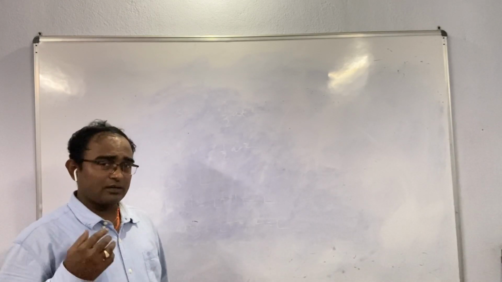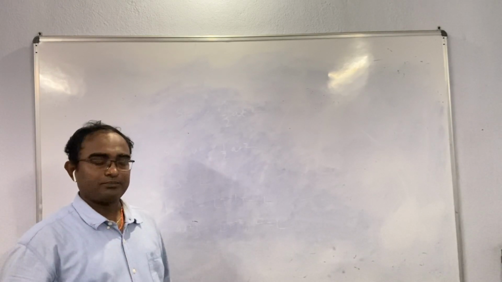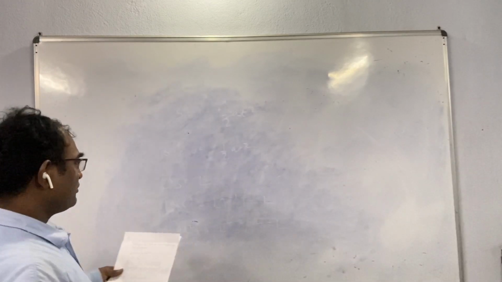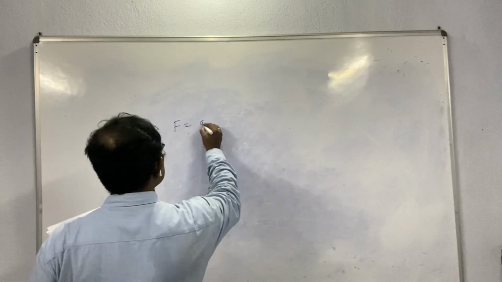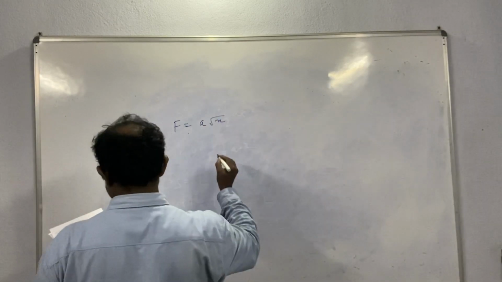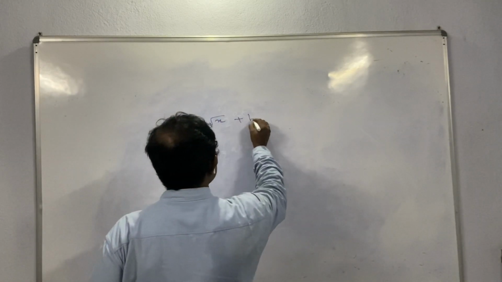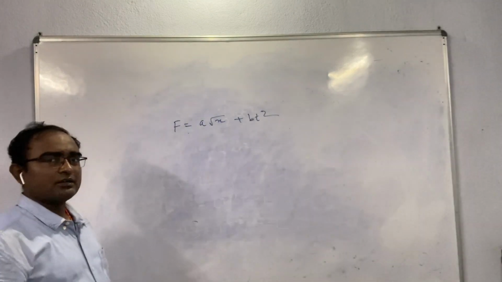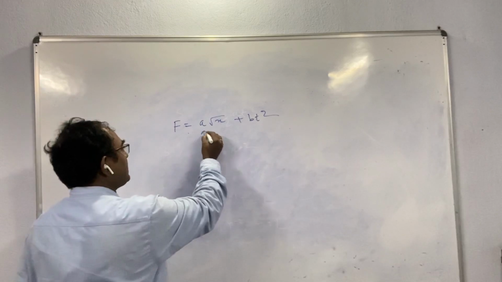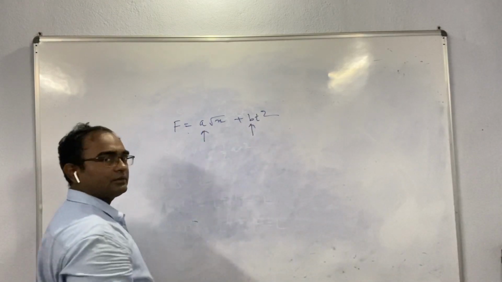Otherwise, that equation will be invalid. We have one equation where the force is represented by a root x plus bt square. We have to find the dimensions of a and b.